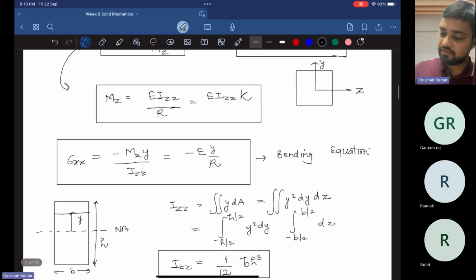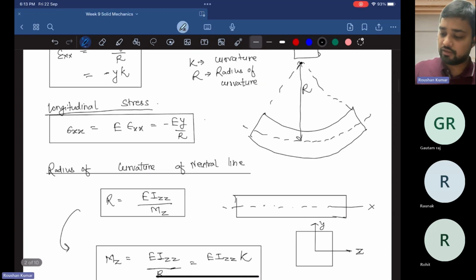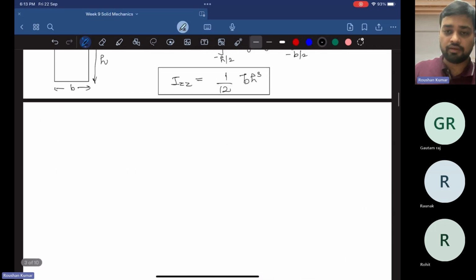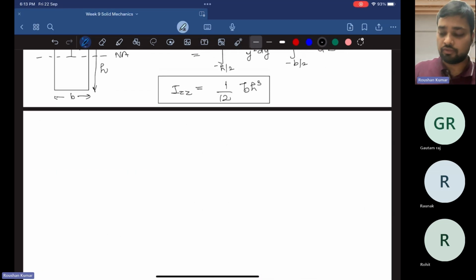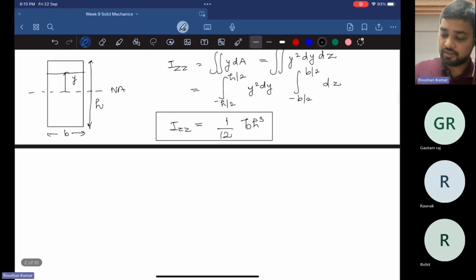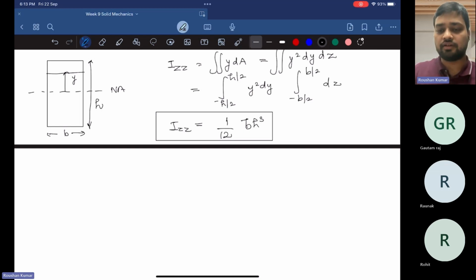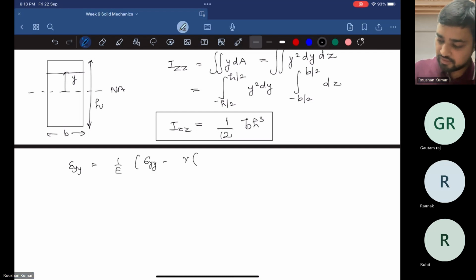Next, we have the longitudinal stress and the longitudinal strain. Now we will show you the formula for the lateral strain, that is epsilon yy and epsilon zz. We can use the strain displacement relation, which I already discussed in the previous sessions. Using that relation, I am going to write the formula for the lateral strain, epsilon yy. So epsilon yy is given by 1 by E times sigma yy minus nu times sigma xx plus sigma zz.